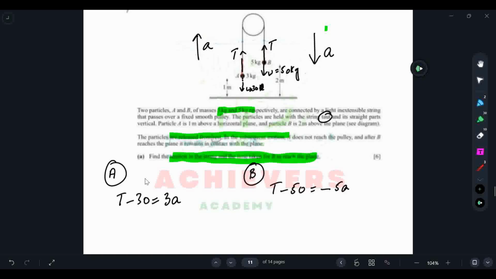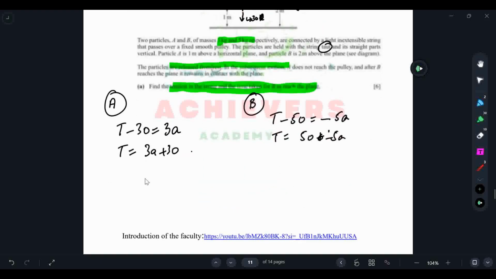Now we can simplify it like this: T is equal to 3a plus 30, and from here T will be equal to 50 minus 5a. Now we can solve equation 1 and equation 2 simultaneously. So 3a plus 30 is equal to 50 minus 5a.